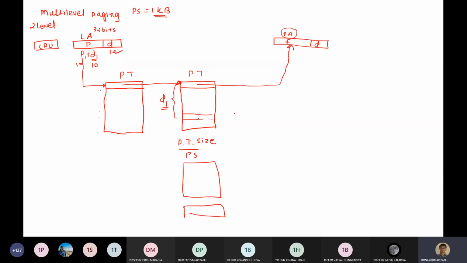So this inner page table will store your frame number, but the outer page table will store the address of this page table.